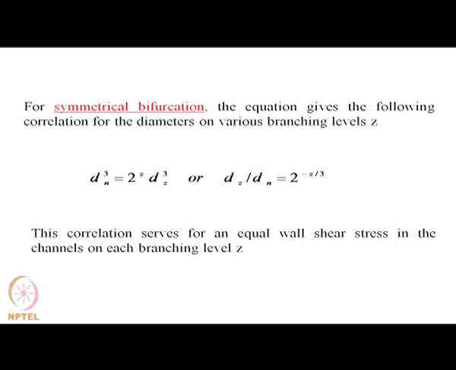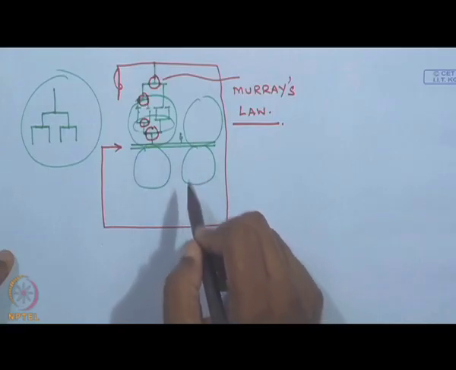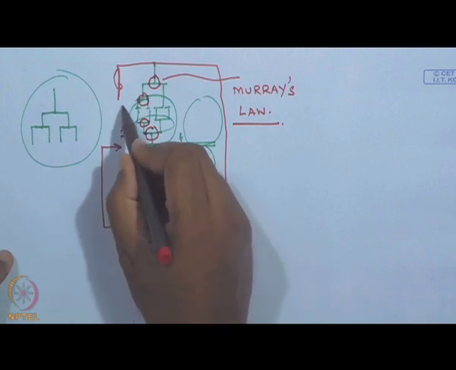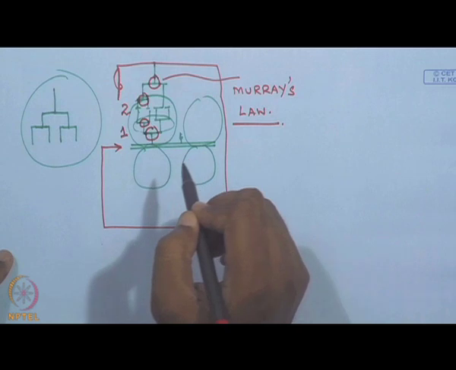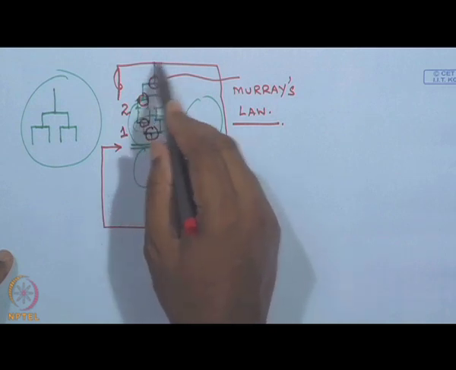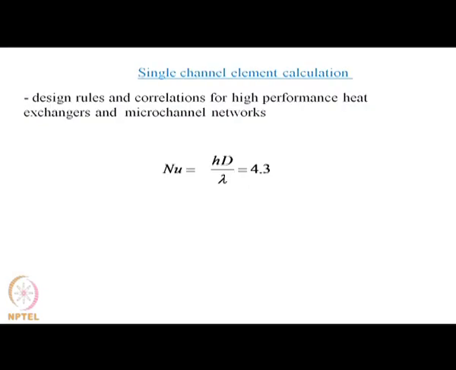This relation serves for an equal wall shear stress in the channels on each branching level. So, this is branching level 1 and this is branching level 2. We have a two level branching and then two level combination in order to irrigate a space on a solid to lower its temperature.